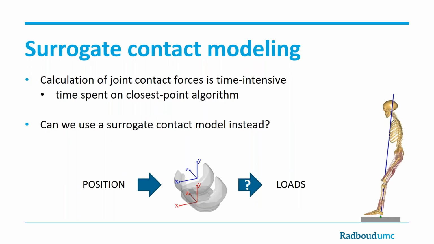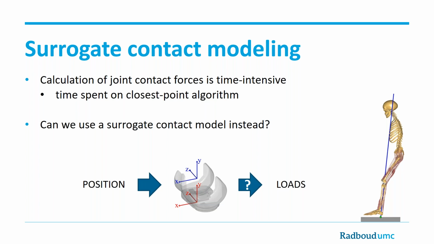So this brings me to the first topic of today, which is surrogate contact modeling. We talked about acceleration of simulation, and this is quite an important topic because simulation of a model with force-dependent kinematics, which also calculates contact forces, requires larger computation time than a typical inverse dynamics model.